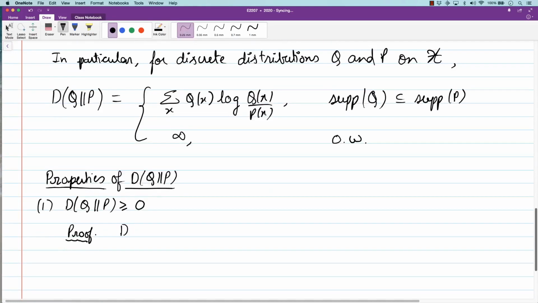So D(Q||P), the general definition, is the expected value with respect to P of dQ/dP log dQ/dP.